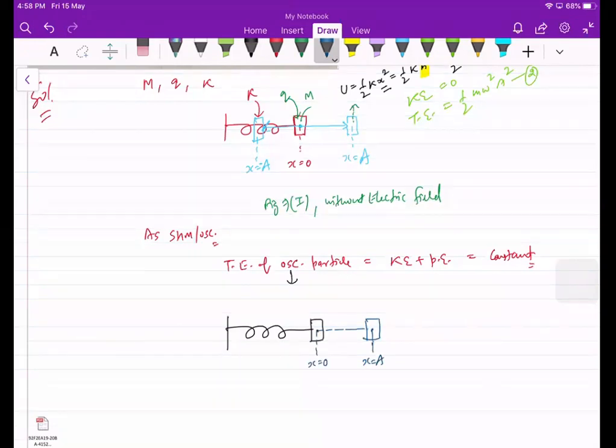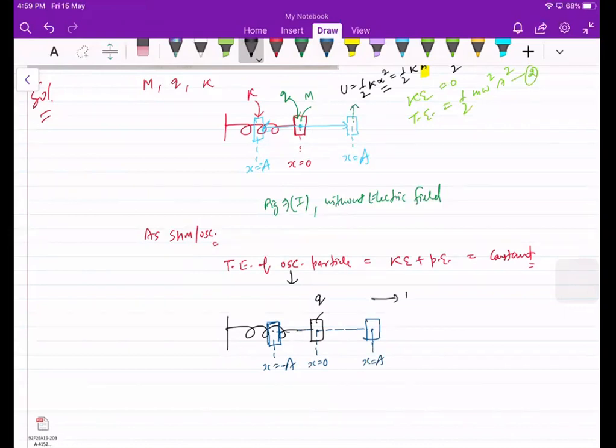That means the body is extending up to this position and then going back, extending and then compressing. If this has SHM, then it must compress also to the other side, x minus A. But in this situation, we have been given a charge Q, and because they have not mentioned the negative sign, we will assume it as positive, and the electric field is going along the plus x direction.